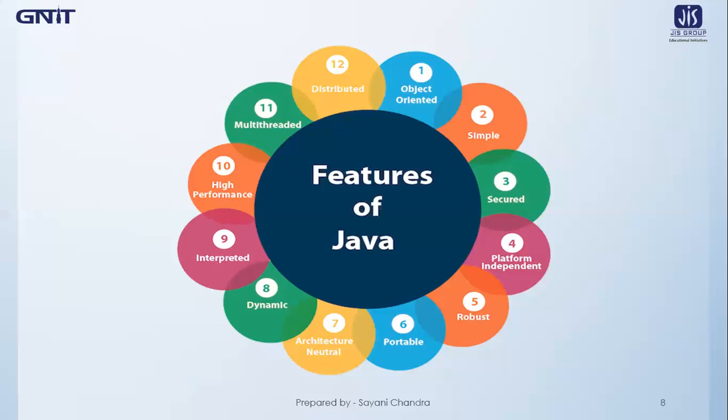The last but not the least feature is distributed. Java is a distributed language because it facilitates users to create distributed applications in Java. RMI and EJB are used for creating distributed applications. This feature of Java makes us able to access files by calling methods from any machine on the internet.